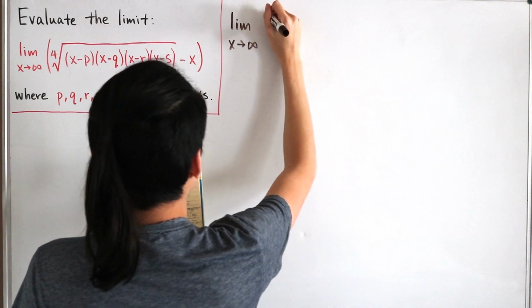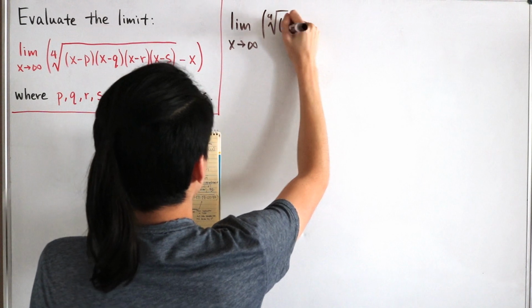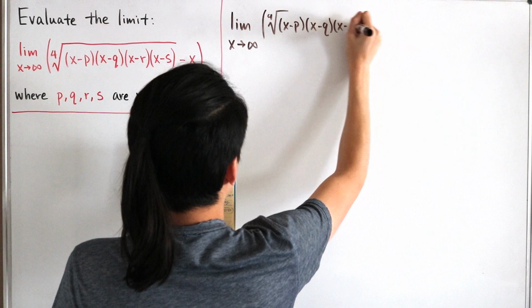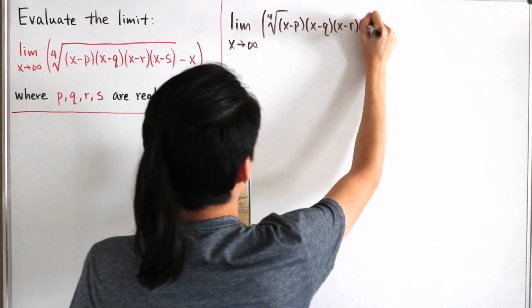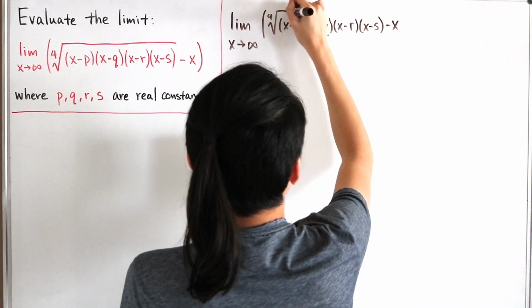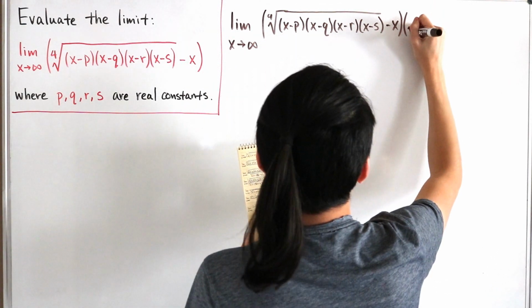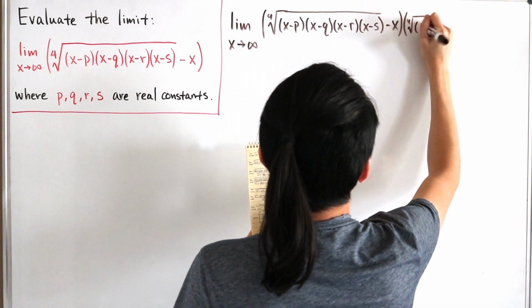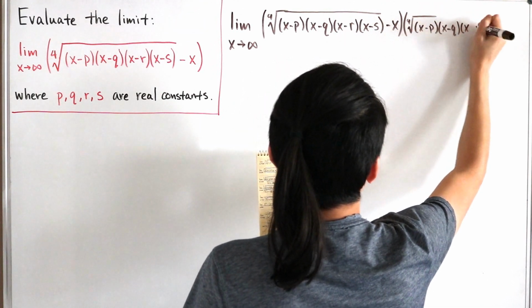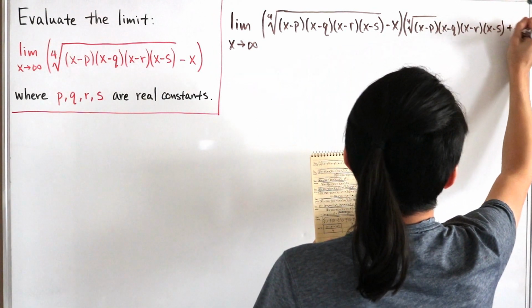Now here we're going to have the fourth root of x minus p, x minus q, x minus r, x minus s, subtract x. Then we multiply by the conjugate, which is the same expression again for x minus p, x minus q, x minus r, x minus s, and now this will be plus x.